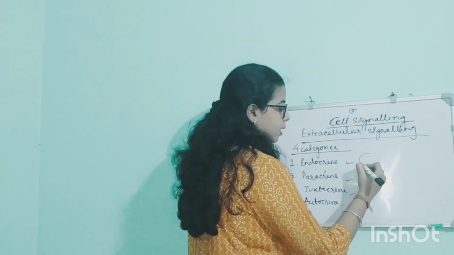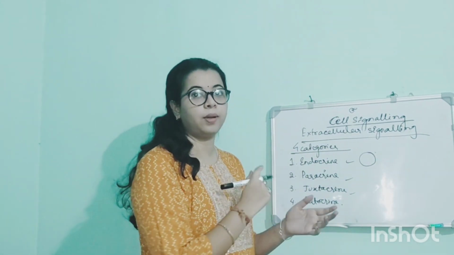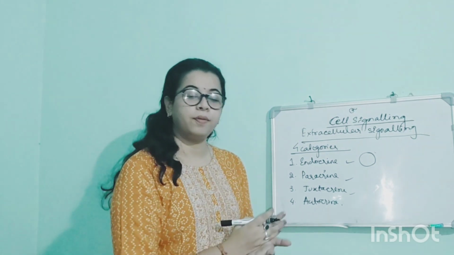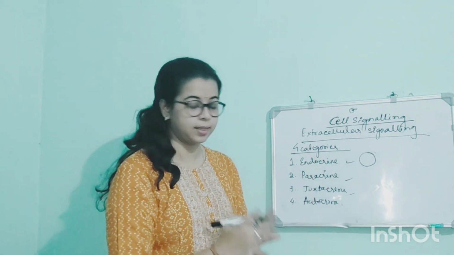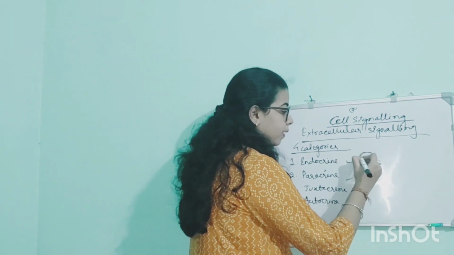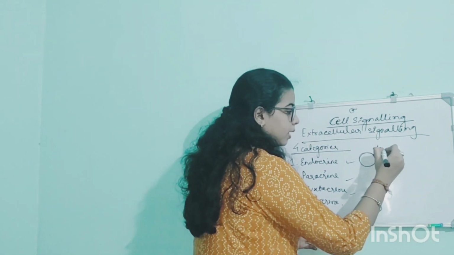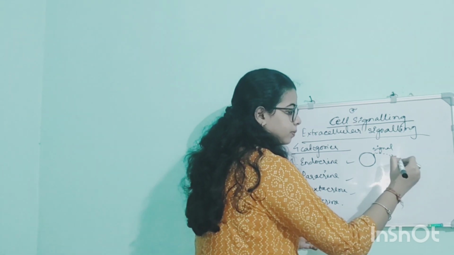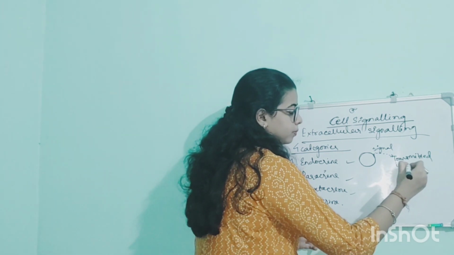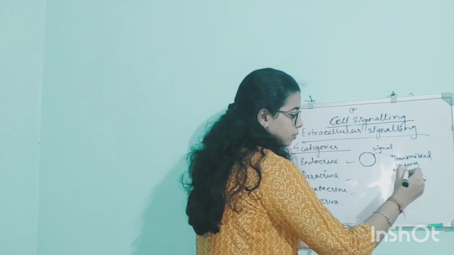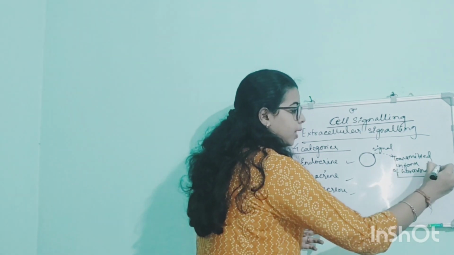Endocrine. What happens in endocrine? If you remember the endocrine system, which we have discussed in detail while discussing hormones, this endocrine will send a signal, and it will be transmitted in the form of hormones through the blood.